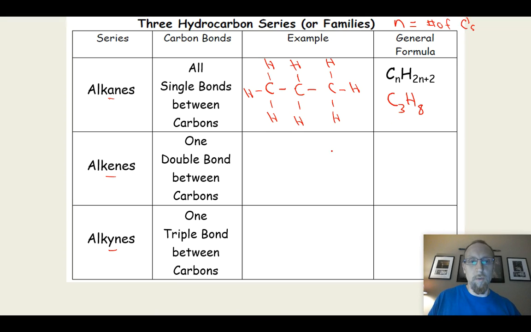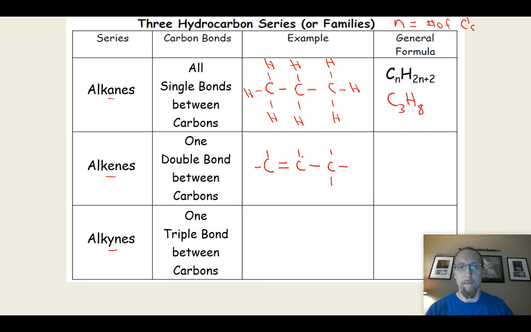So the next one is the alkenes. Now these have a double bond. So when we draw this, here's my double bond. But now understand what that does. Remember, carbon can only form 4 bonds.